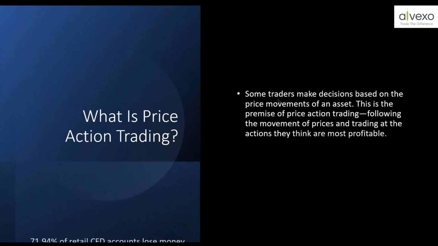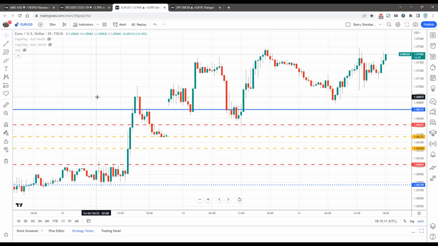But my charts always, always, always have certain things on them. And that is my number one issue with price action trading. The most important thing that you can do is have your support and resistance levels on your charts, because these are crucially important price levels.